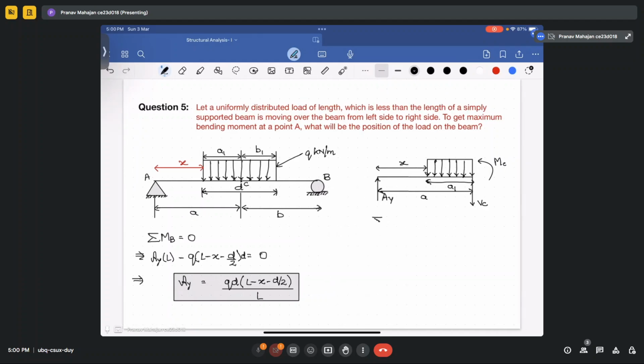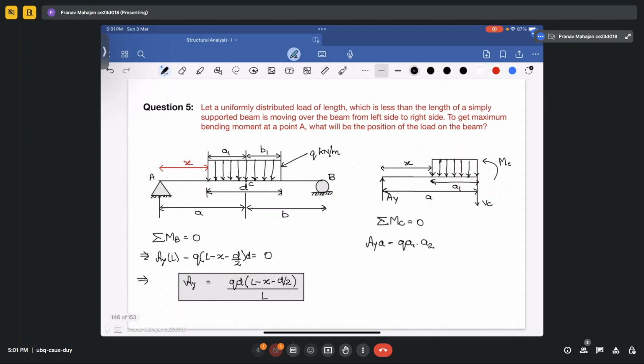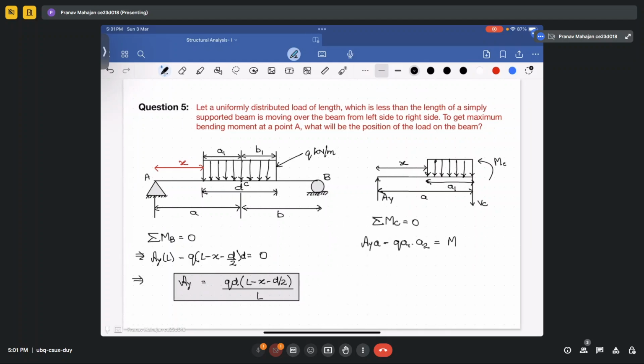So take moment about point C equal to 0. You will get Ay into a minus q A1 into A1 by 2, equal to Mc.